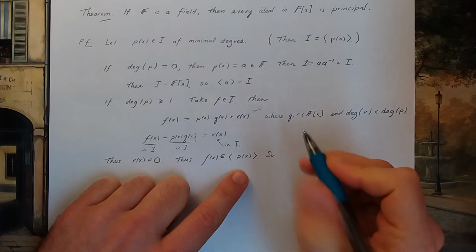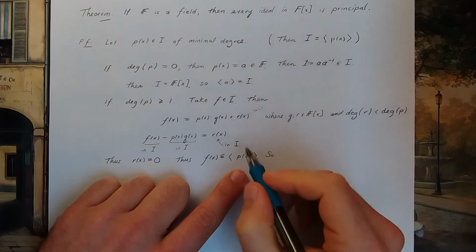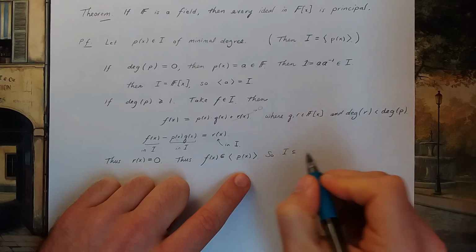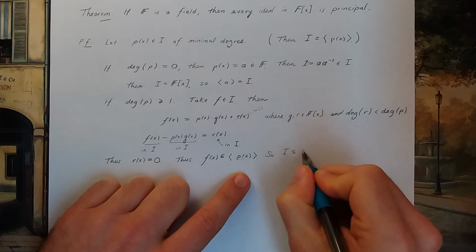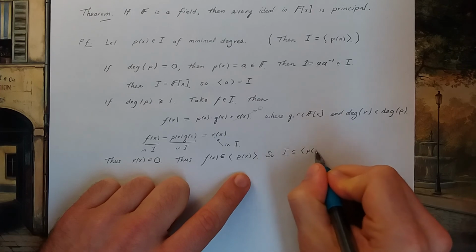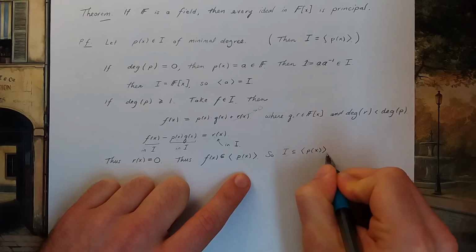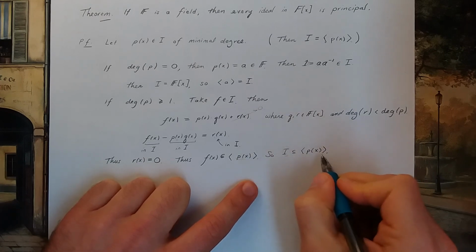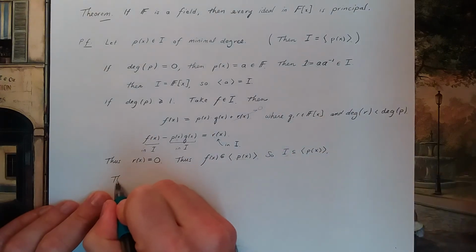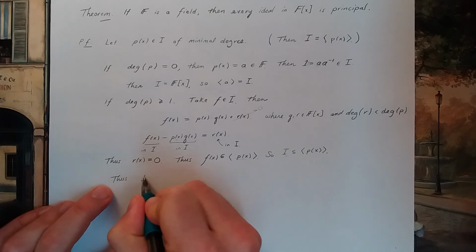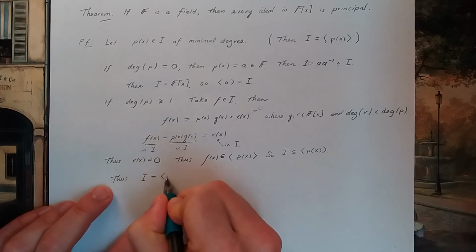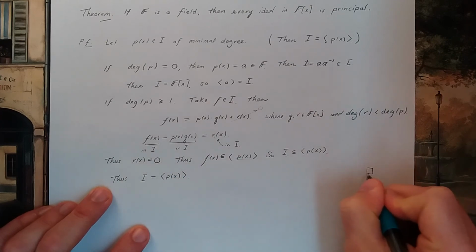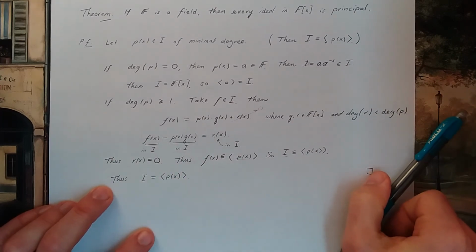What this shows is I took an element f in my ideal, and I showed it was in here. So technically I showed that my ideal is a subset of the ideal generated by p. But of course, the reverse inclusion holds almost trivially. So thus, I is the ideal generated by p. All right, there's our proof. Kind of a nice result.